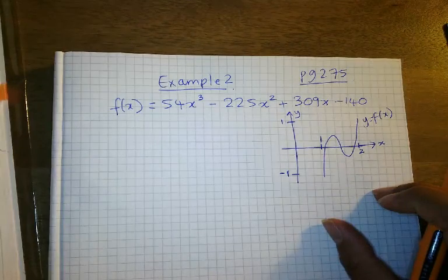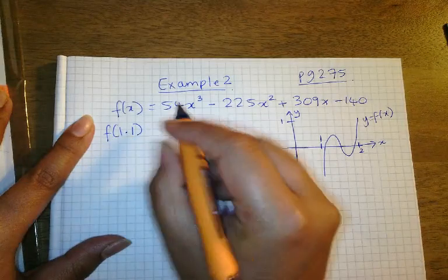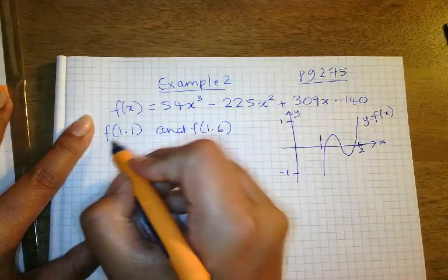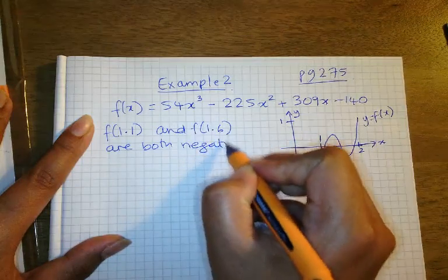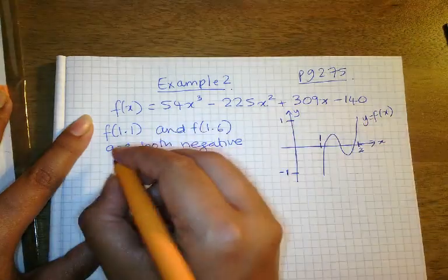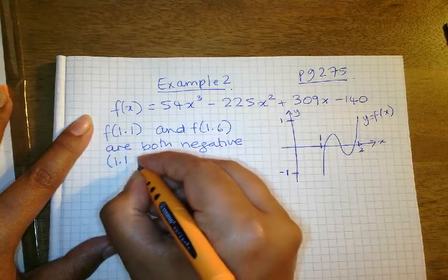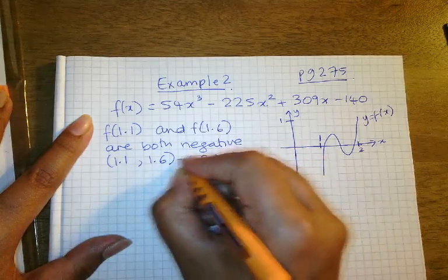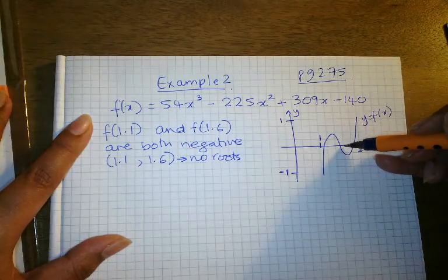And it says a student observes that f of 1.1 and f of 1.6 are both negative, and states that f of x has no roots in the interval between 1.1 and 1.6.